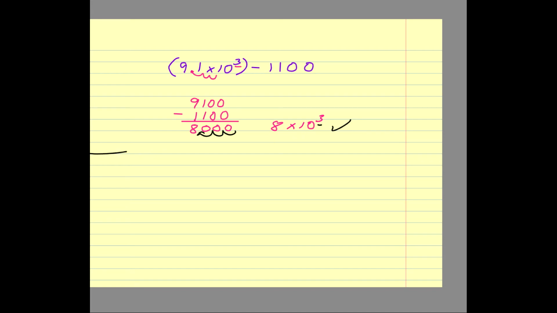But I have to show you the other way, because there are times when the numbers will get so large that you will not be able to just work this side out by itself. So I want to show you the other method, just in case you're not comfortable with working out very large numbers. What do I mean by very large numbers?